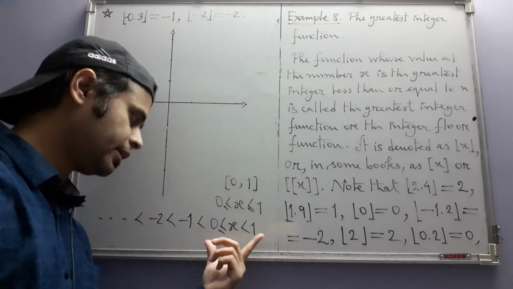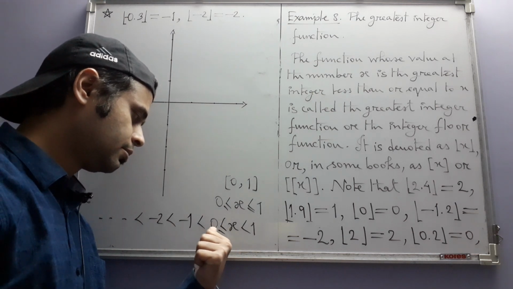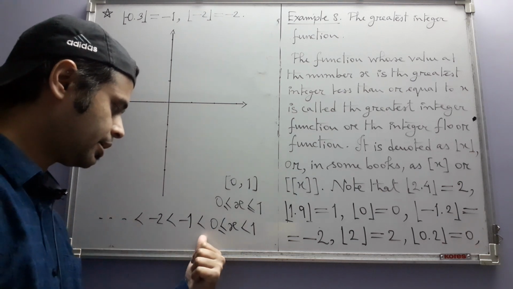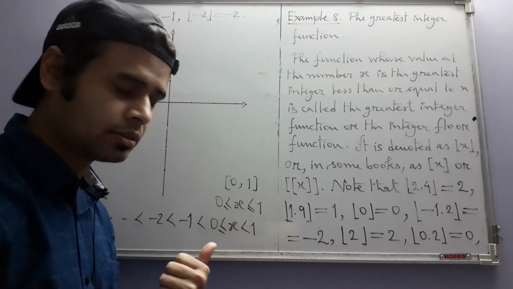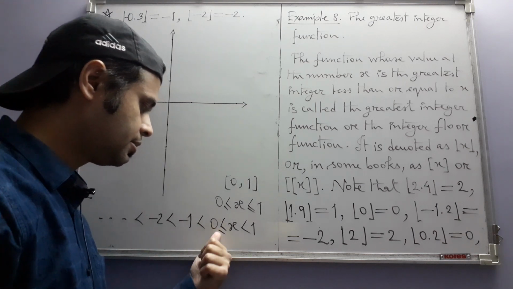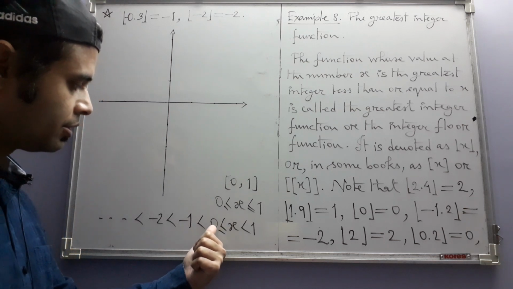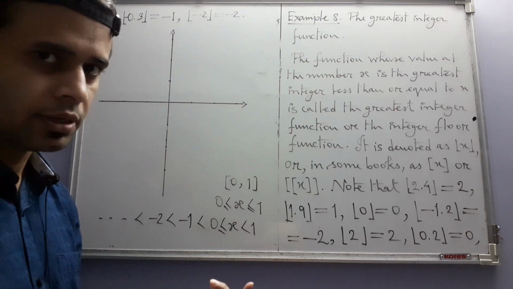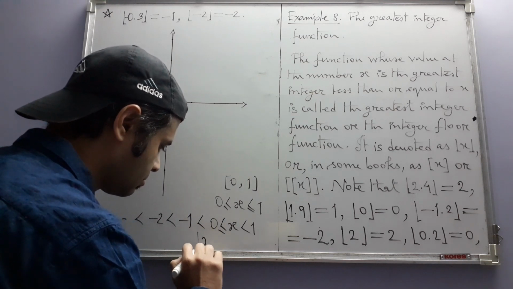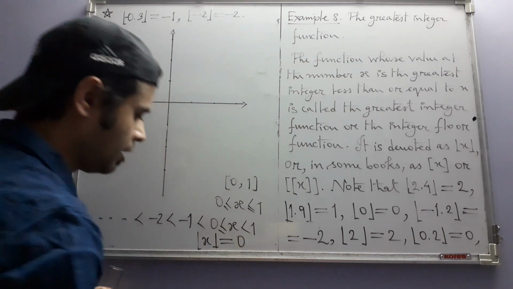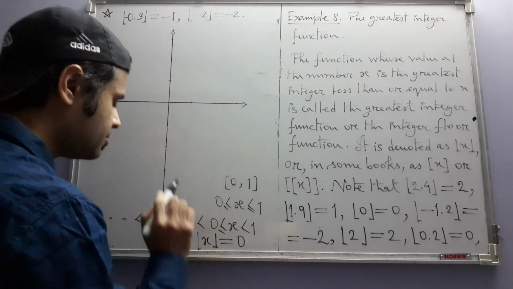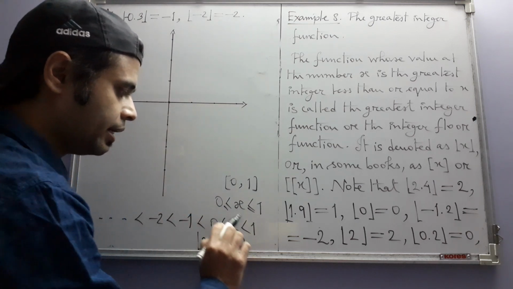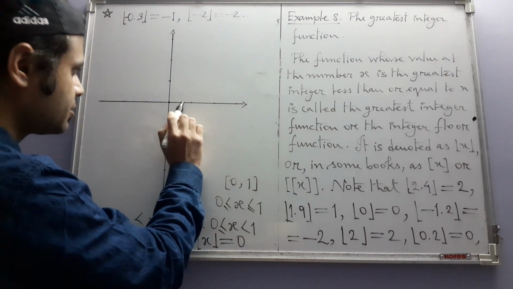So from here itself you can see that the integers less than or equal to x are all the non-positive integers. Among them the greatest is 0. So on this half open interval the functional value is 0. That means the greatest integer value is 0. So at 0 it is 0, and until we get to 1 it stays 0.